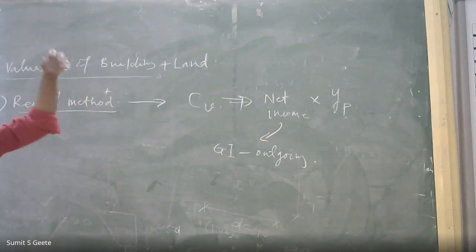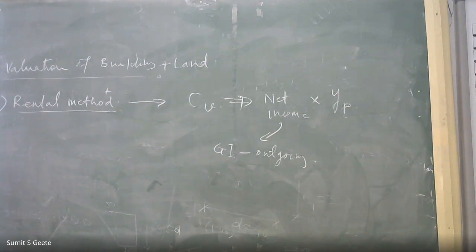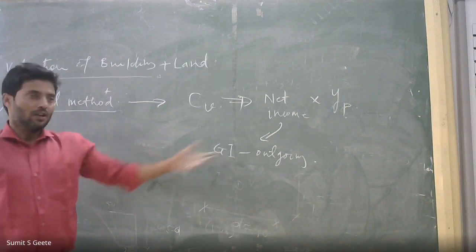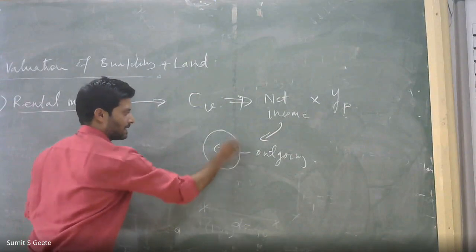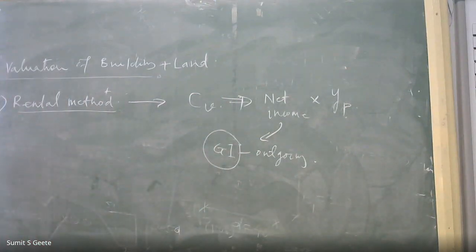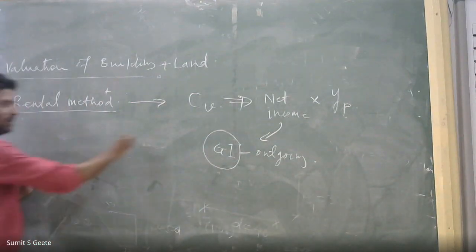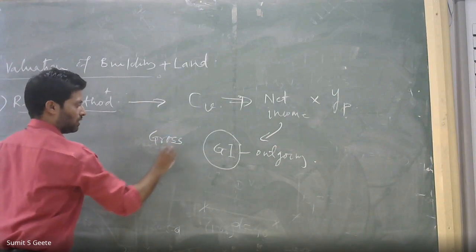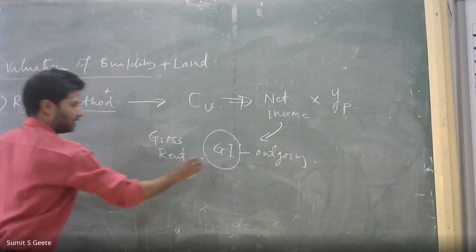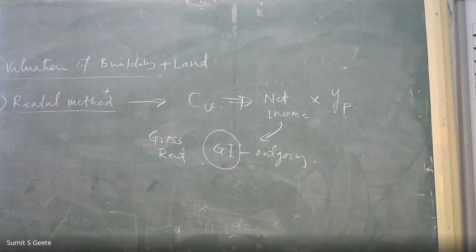What did we do with gross rent? We add net income from property plus outgoing, that is equal to rent. So the same thing is applicable over here. Instead of saying GI, that is gross incoming, I can say this is rent, or in simple language we can call it gross rent. Now, if I remove the outgoing from this gross rent, what will I have left?